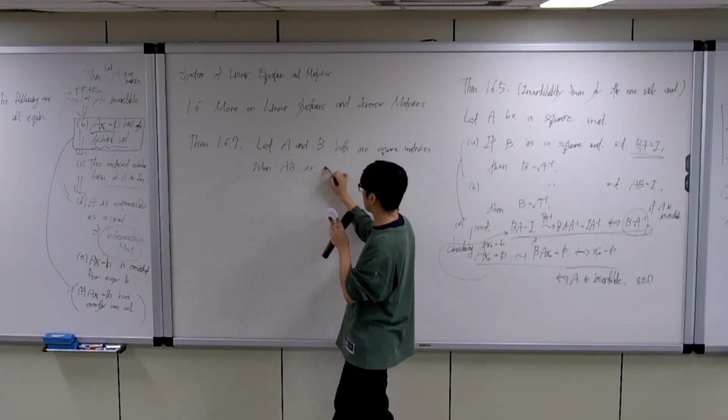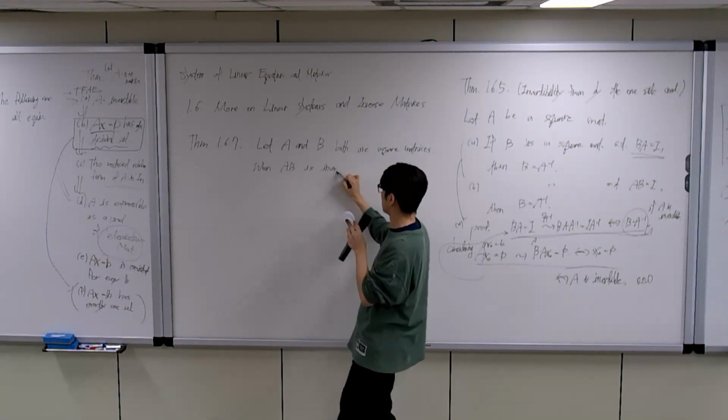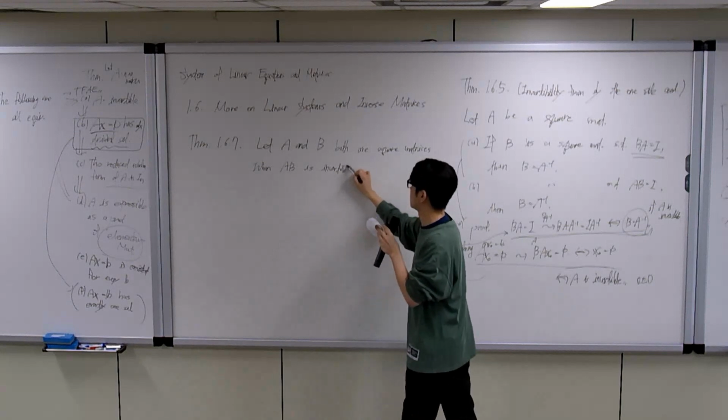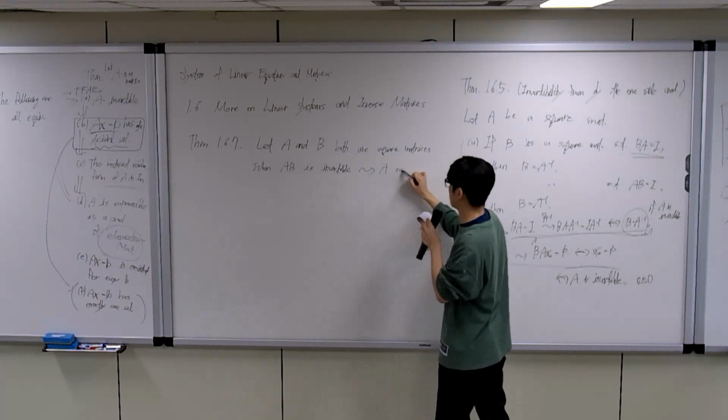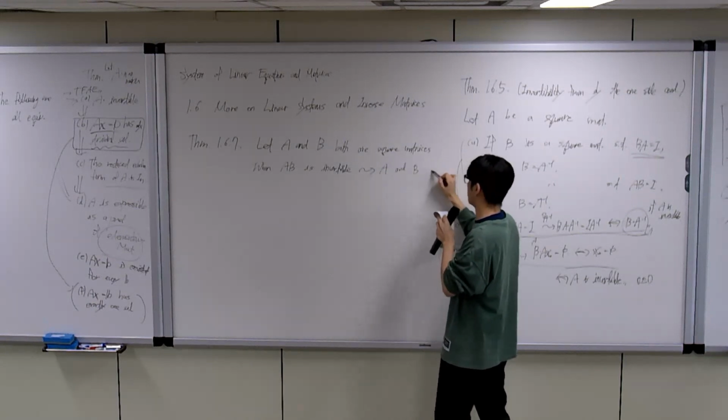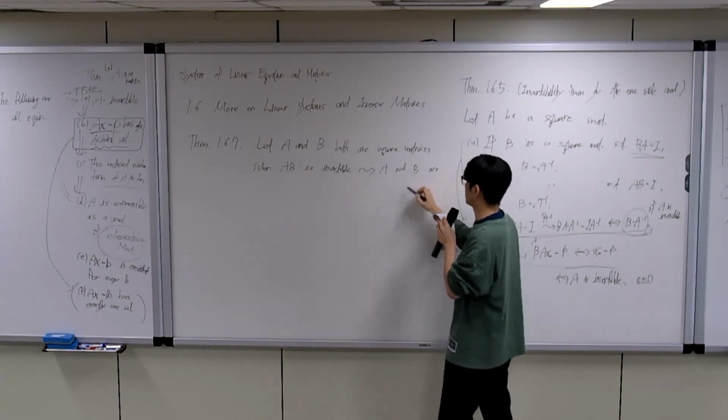If AB is invertible, then A and B are both invertible.